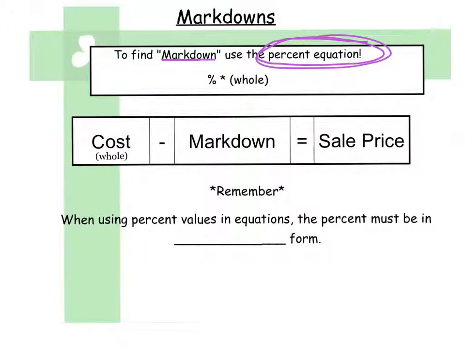That's simply the percent equation, and that will get you the markdown. So in the equation then, we take the cost, or the whole, what we start with, minus our markdown of the percent equation, and that equals the sale price, or the reduced price.